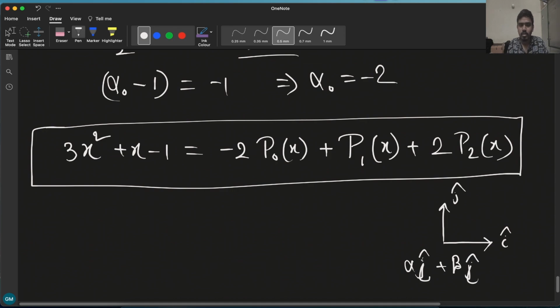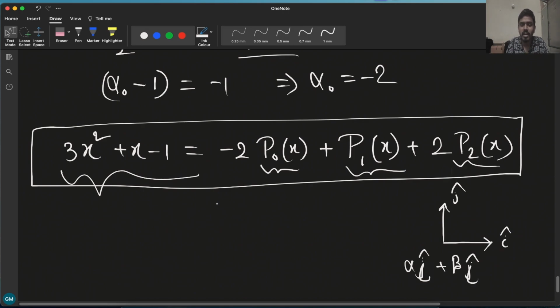So it seems like any polynomials are like vectors in this function space, the space of functions, and p0(x), p1(x), p2(x) are like linearly independent vectors. With these linearly independent vectors, if I linearly combine them, I can generate any polynomial, any vector in that space.